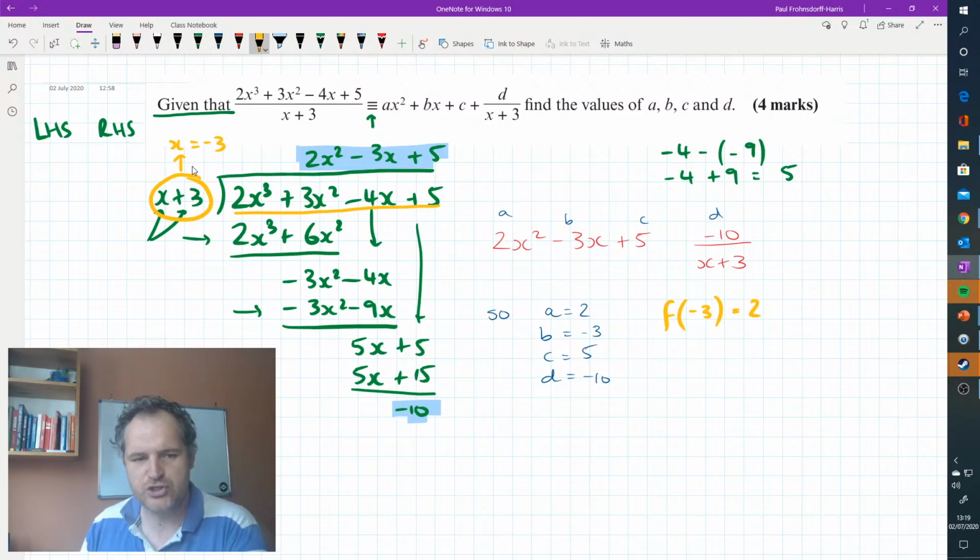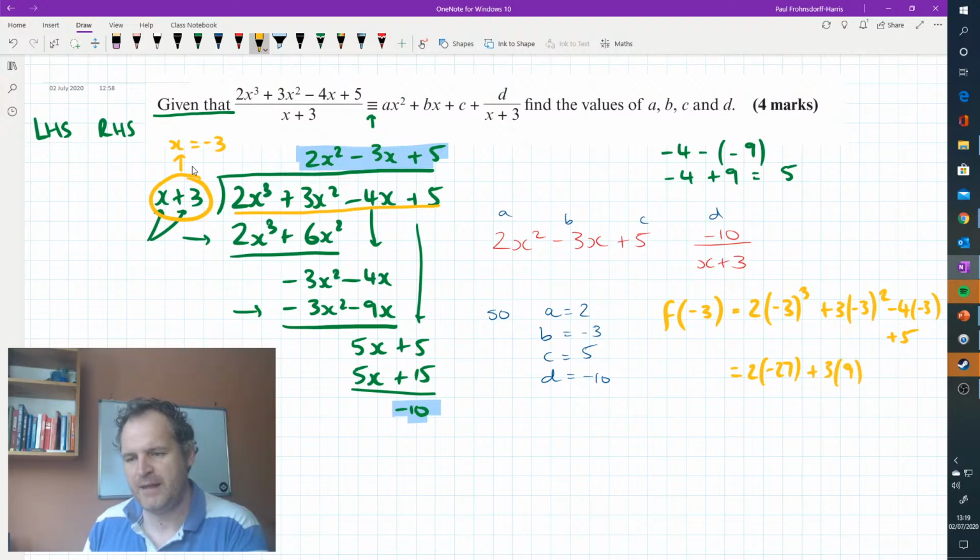So we get 2 lots of minus 3 cubed plus 3 lots of minus 3 squared minus 4 lots of minus 3 plus 5. That gives me 2 lots of minus 27 and 3 lots of 9, and then plus 12 plus 5, so it gives me minus 54 plus 27 plus 12 plus 5.